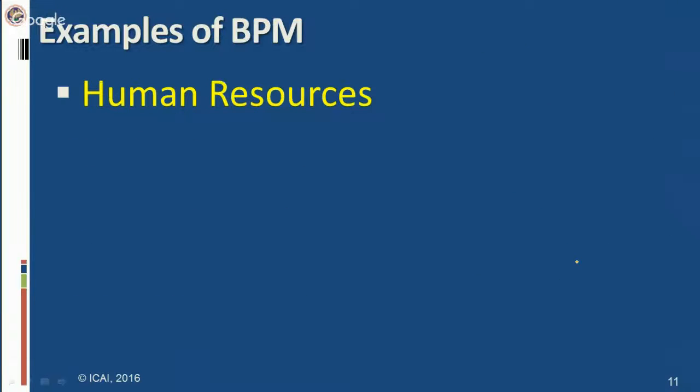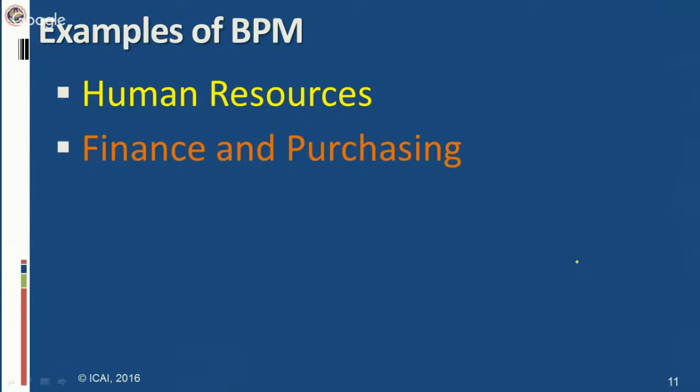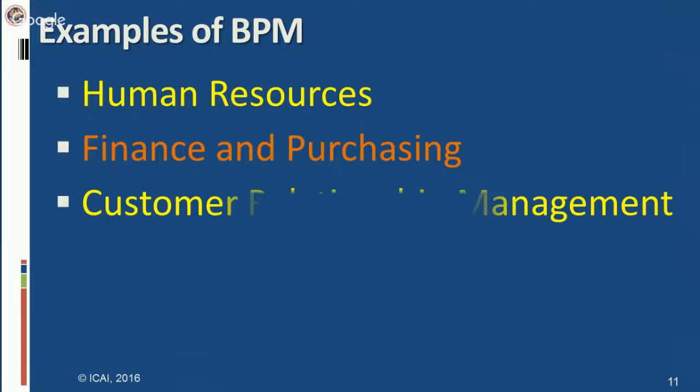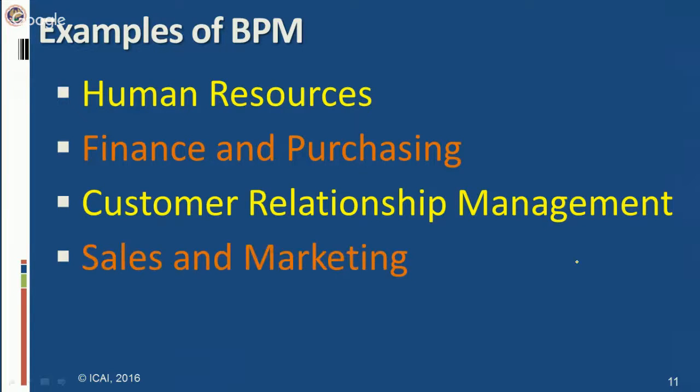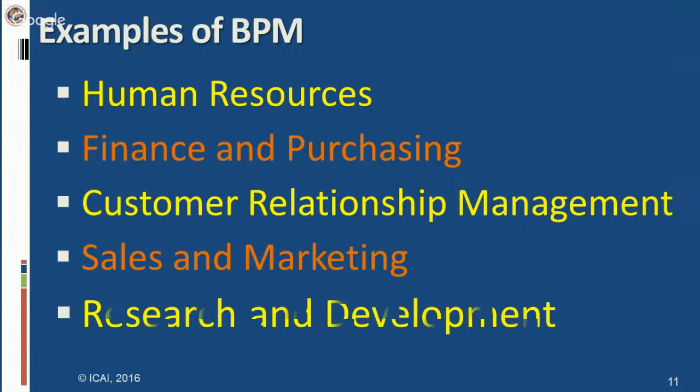So some of the examples of BPM are human resources, wherein business processes are implemented, they are automated and are being managed. These are the major industries wherein BPM plays a major role. Finance and purchasing, CRM, customer relationship management, sales and marketing, research and development.